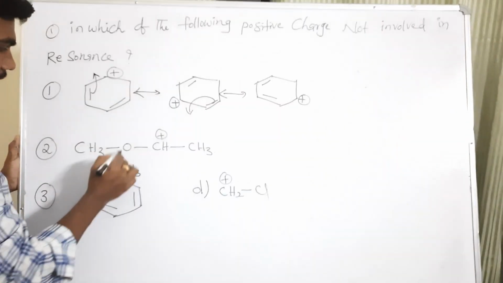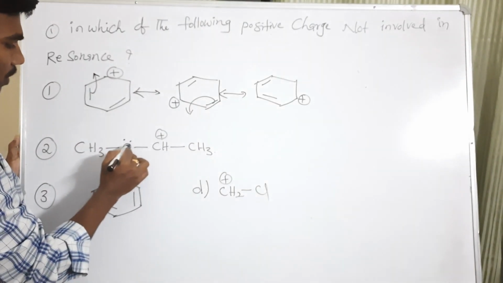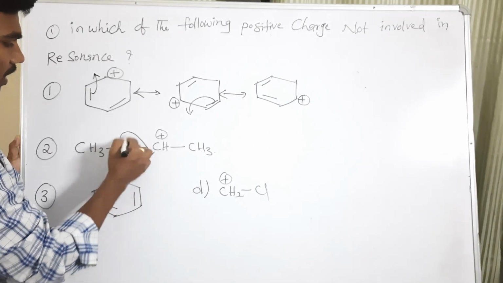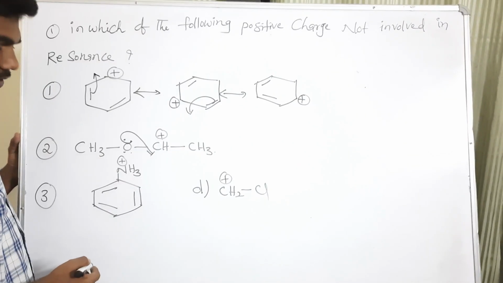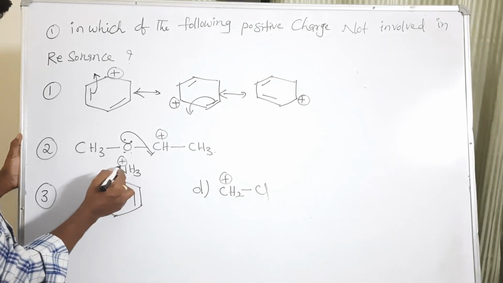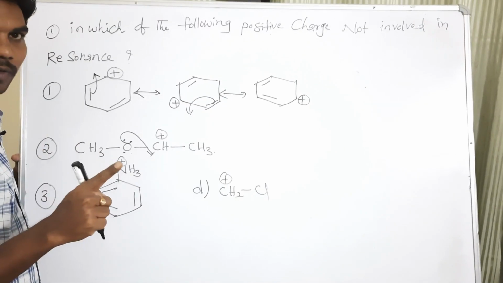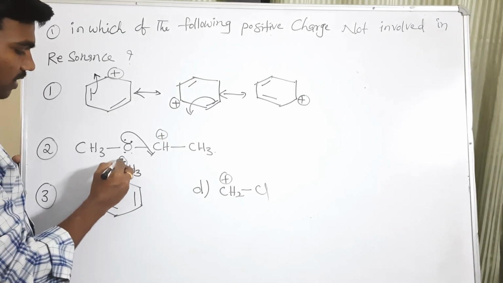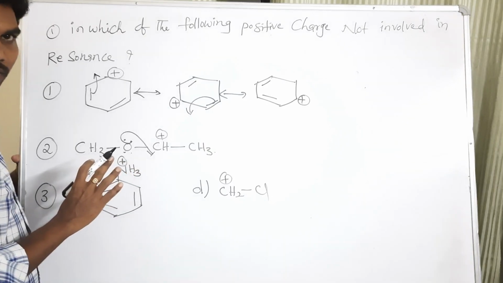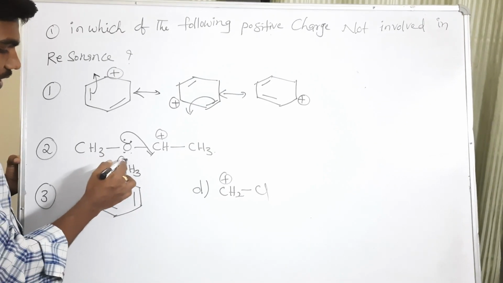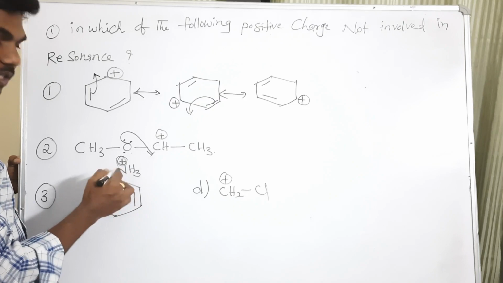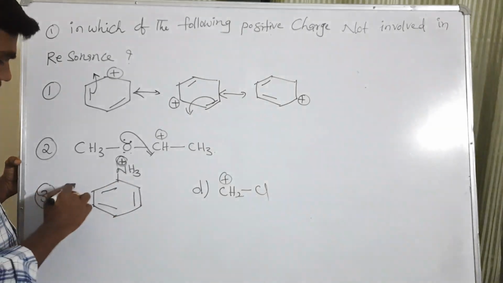So this is not our answer. On oxygen a lone pair of electrons is there, so that is also going to participate in resonance. Here on nitrogen, when the positive charge is there, that lone pair of electrons is not there. When the lone pair is not there, it cannot participate in resonance structure. So the answer is this one.